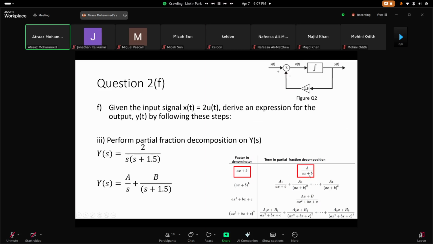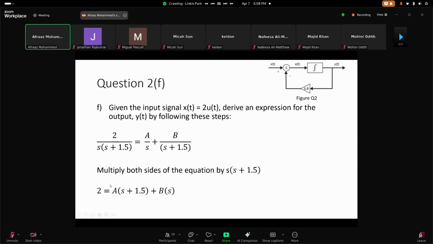You're going to say Y(s) is equal to A over s plus B over s plus 1.5, right? Next, you're going to equate that. So 2 over s(s plus 1.5) is equal to A over s plus B over s plus 1.5.